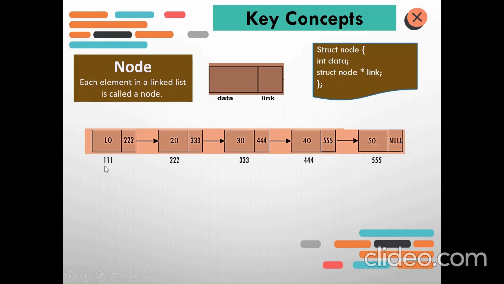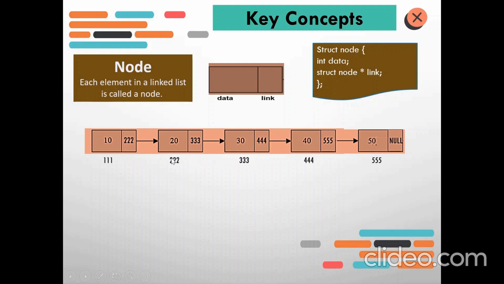So here writing 111 here means that this node has been declared, or it would be accessible at the memory location of 111. Obviously this is a hypothetical value, right? So for understanding purposes I have written here 111 as the address of this node, right? So same way this node has been declared at the address 222 and so on, right?